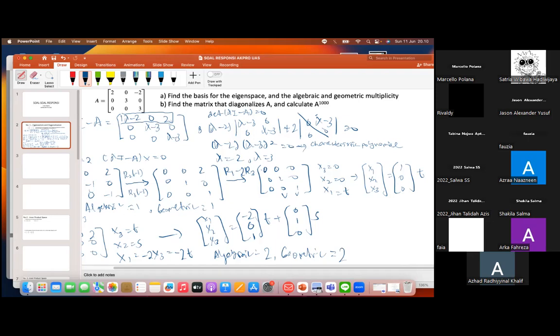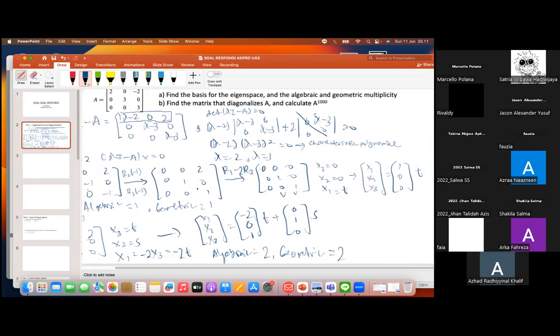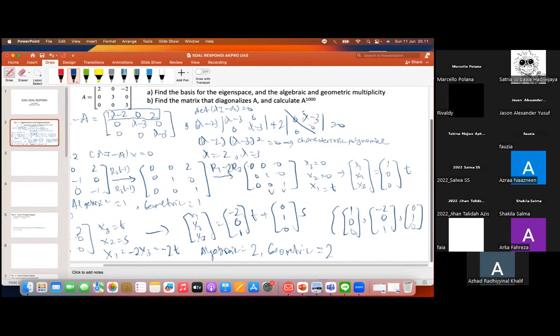There are some cases where your algebraic multiplicity is not the same as your geometric multiplicity, so please bear that in mind. The basis for the eigenspace, therefore, will be (1, 0, 0), (negative 2, 0, 1), (0, 1, 0). This is your basis for the eigenspace of A.